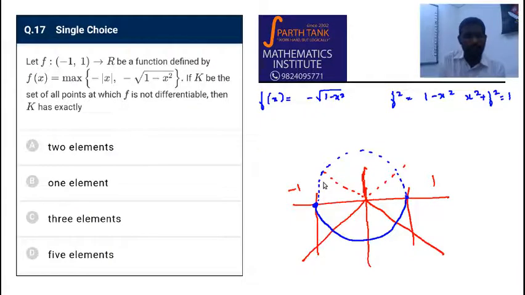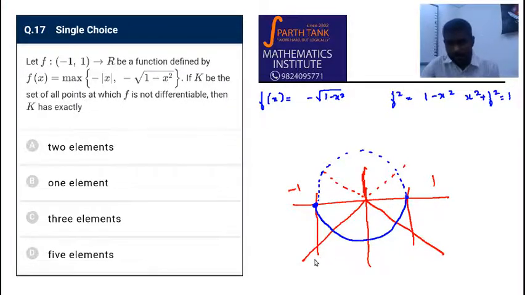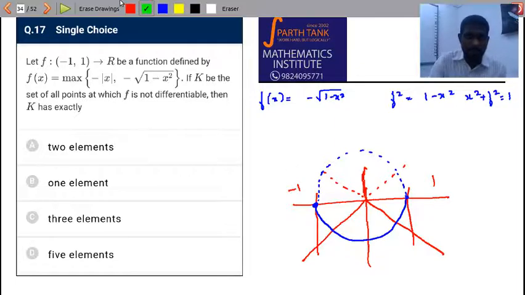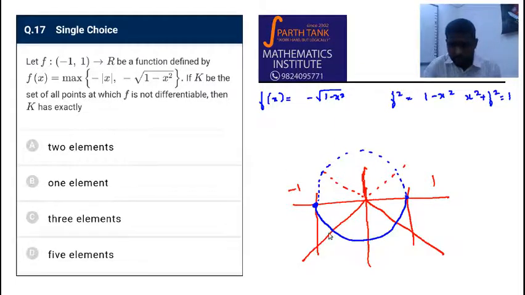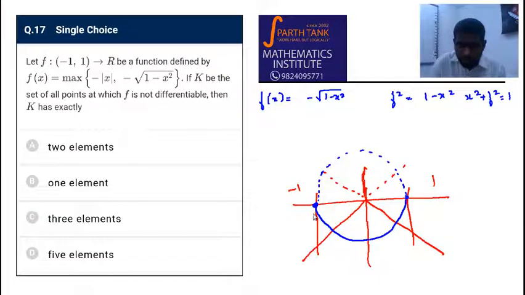Okay. So now they have said the maximum of these two functions. Now I am going to identify that with green. See, there are two functions. The red is one function and the blue is another function. In this region, from here to this point, the blue is greater than the red, right?